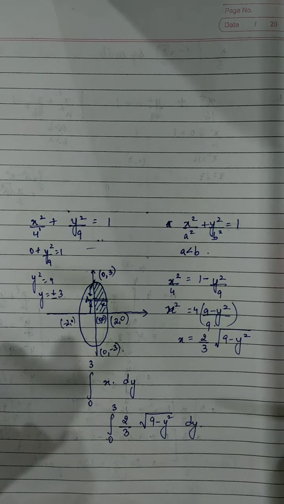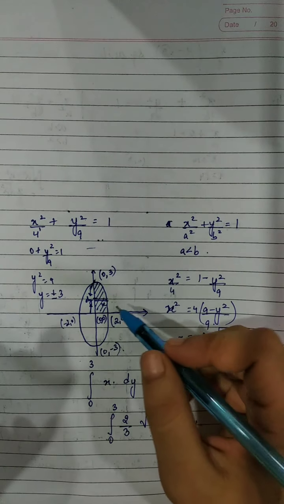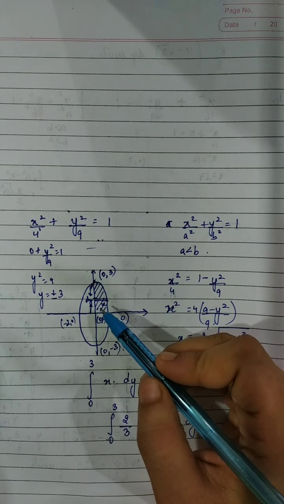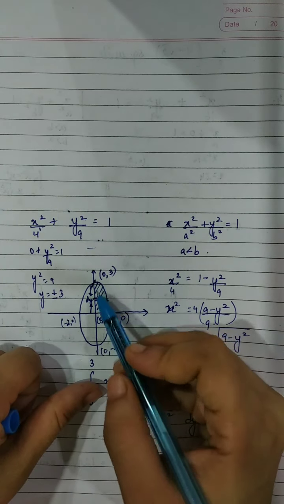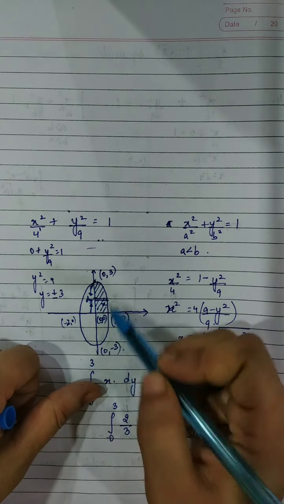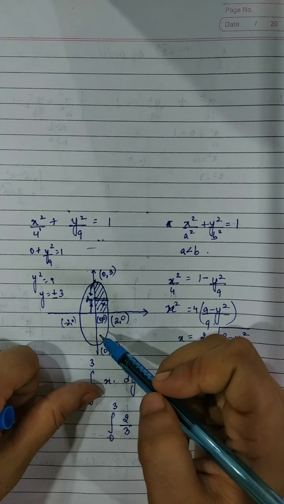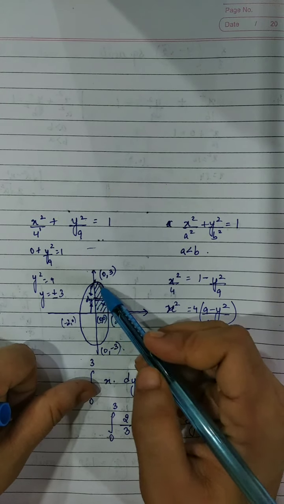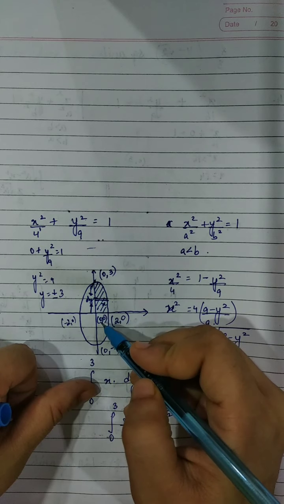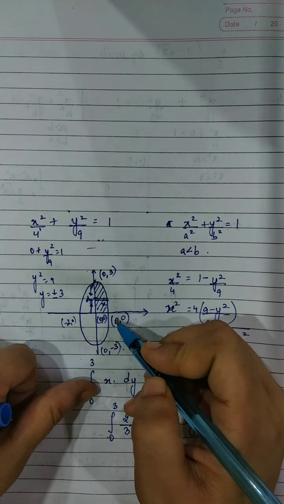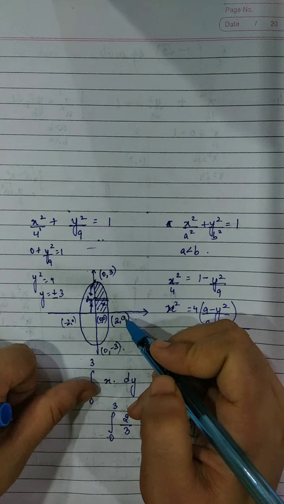Again, if we go to C, since I have to find out the area in question number 5 for all the 4 regions, I have to find out this entire area, the area of the region bounded by the ellipse. You can see that it is symmetrical along the origin, right?